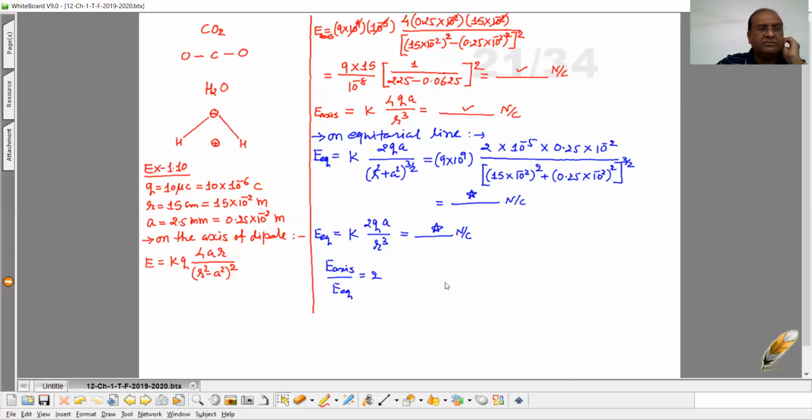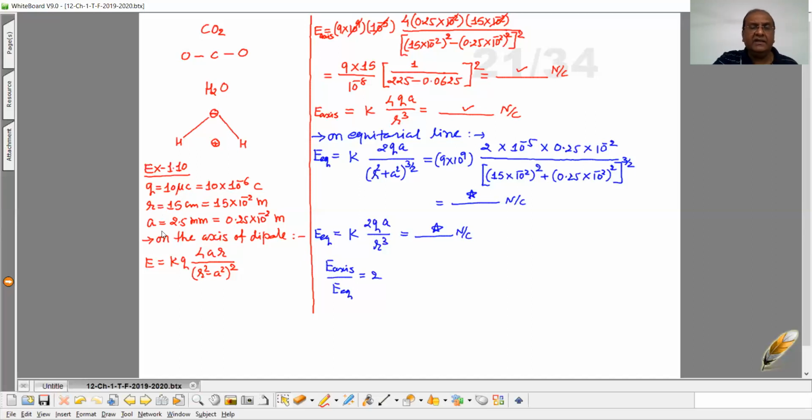Suppose first we think about the given data. The magnitude of the charge is 10 microcoulomb, so that is 10 into 10 raised to minus 6 coulomb. Now R is 15 centimeter, so 15 into 10 raised to minus 2 meter.